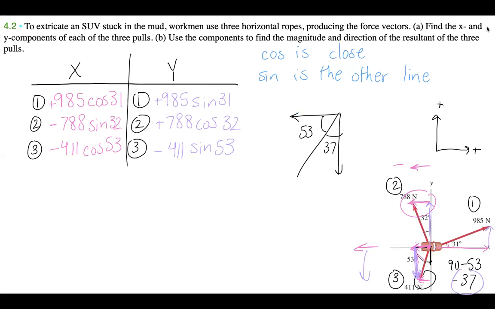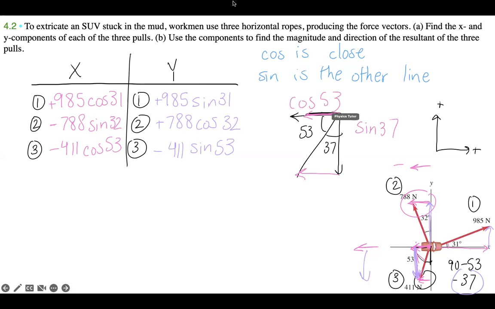So really we can use both. If you want to find x, let me use pink so we can match what we were doing already. If we have x right over here, we can use cos 53 to figure that out, or we could do sine 37. Right? Or cos 53. Okay?